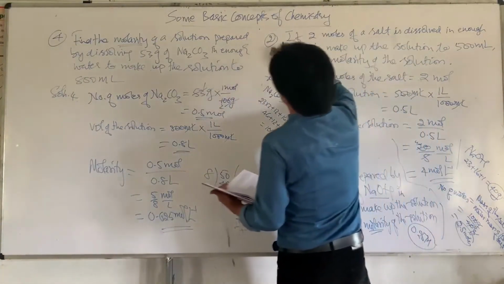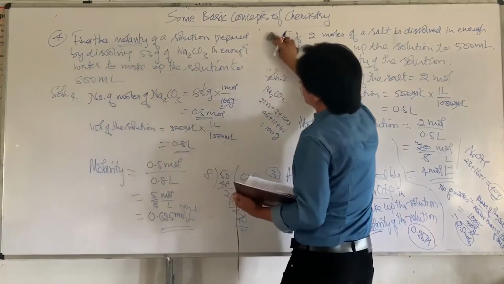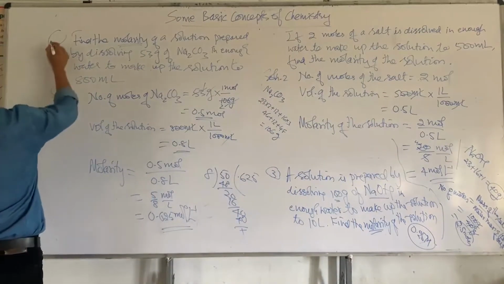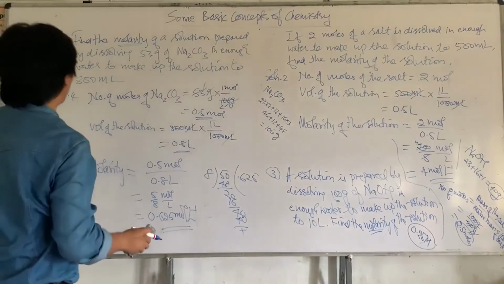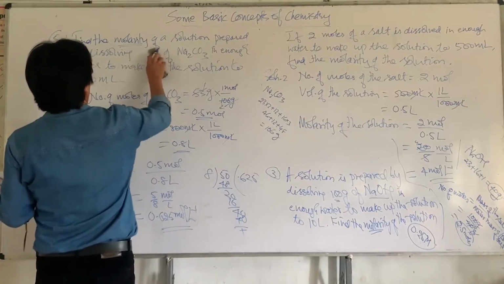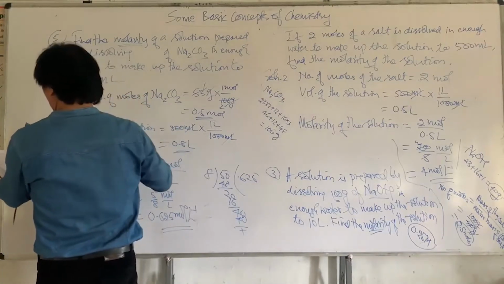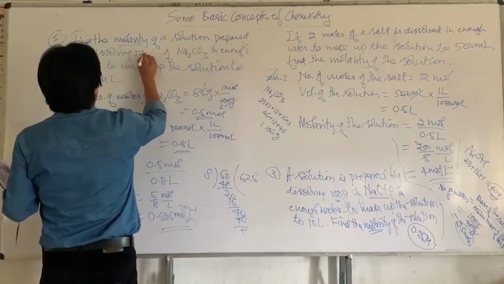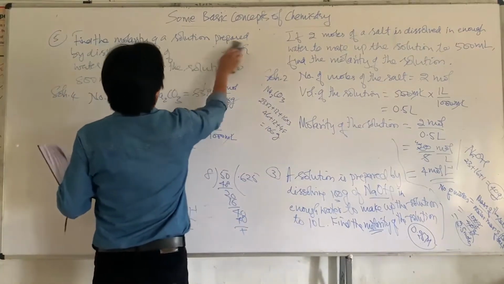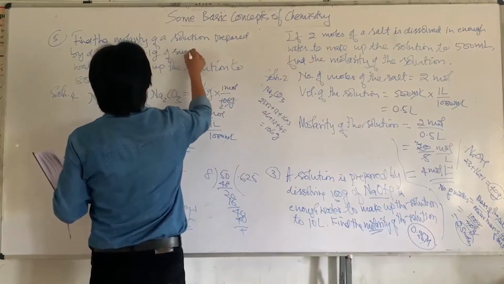okay, this you will work it out. Find the molarity of the solution. I'll write it here. I'll make this question number 5 now. Question number 5. Find the molarity of the solution prepared by dissolving, this time it is a different kind of a compound, 171 grams of sugar.